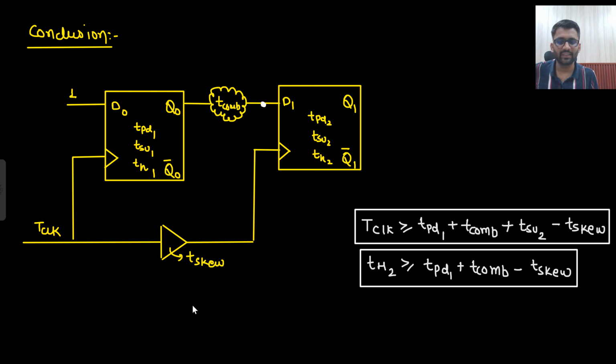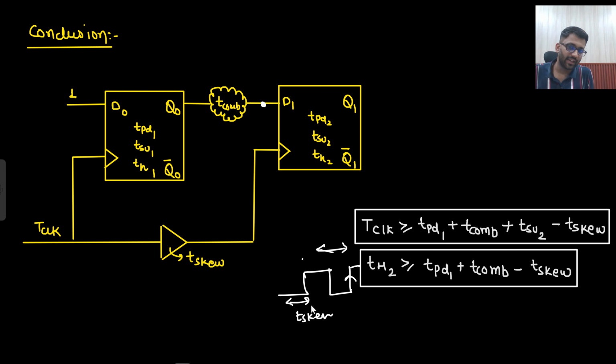You can practically think as well that this will be stable at that time, and T setup I need to have more margin, and I have to subtract T skew because this clock has been going ahead by T skew. So whatever margin I require from the next positive edge should be subtracted by this T skew. Say yes or no? Okay, the complete margin will be starting from 0 to here, but that should be subtracted by this T skew, and in the waveform directly we can see it.